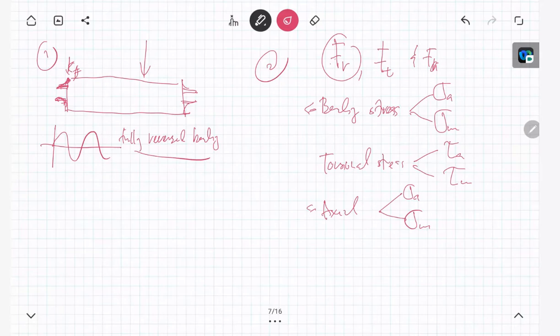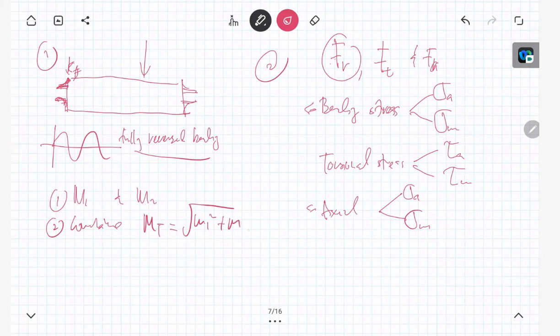Okay, if we have two bending moments, moment 1 and moment 2, so we have to combine. Moment total equal to square root of m1 squared plus m2 squared. This is the total moment.